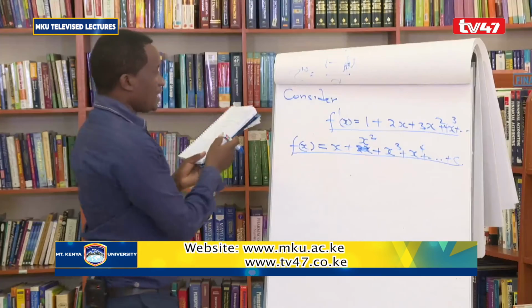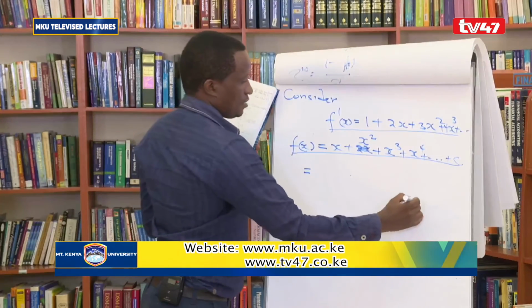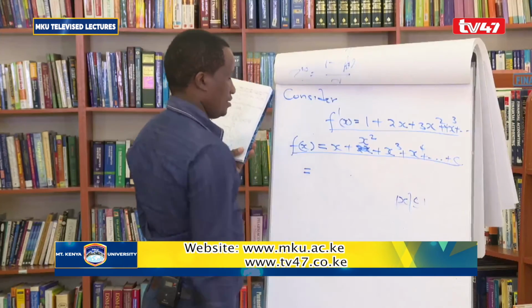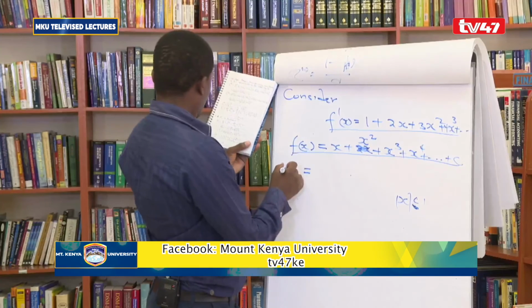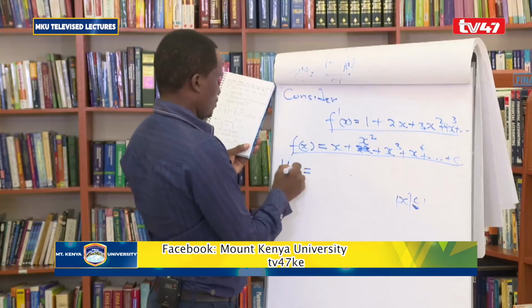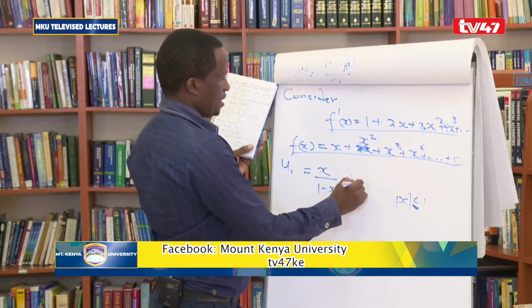So it means that if I differentiate this, I get the first part. And we can use that property and see that if the absolute value of x is strictly less than 1, then u1 will be equal to x over 1 minus x plus c.